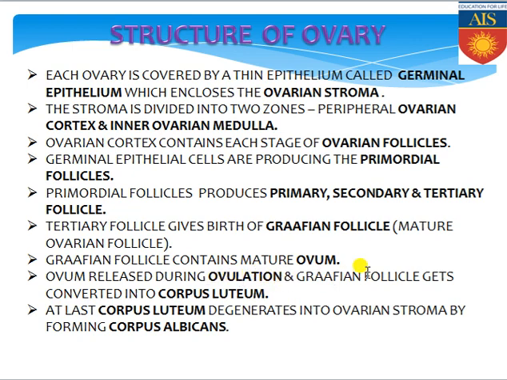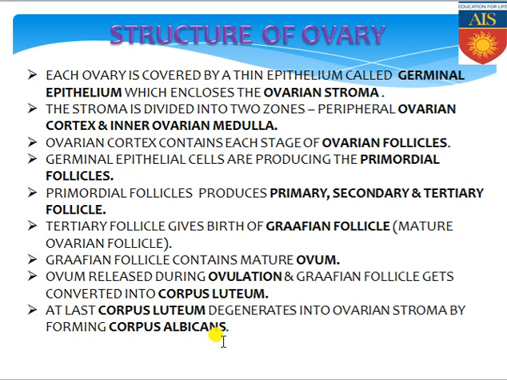Next point, from the Graafian follicle the ovum will be released outside, that means ovulation has occurred, and the Graafian follicle will be converted into the corpus luteum. So the corpus luteum is the next structure produced from the Graafian follicle when the ovulation process has completed. At last, the corpus luteum degenerates into the ovarian stroma by forming the corpus albicans.